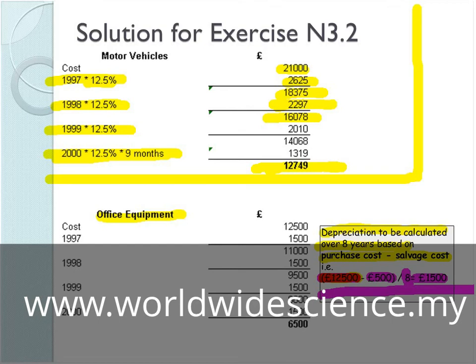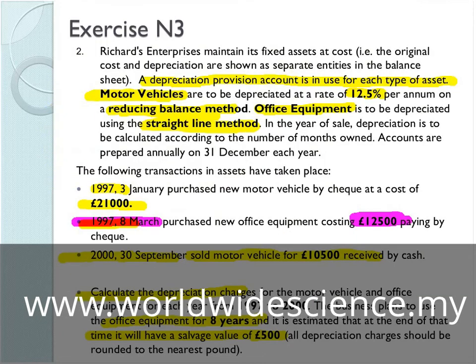Salvage value, here I have some questions. Why is the salvage value given as 500? In the assignment it is given to you that this kind of equipment will have some salvage value. It's based on the homework assignments, based on the exercises. Sometimes you are given a salvage value that you must deduct from the cost. Sometimes it won't be given to you.